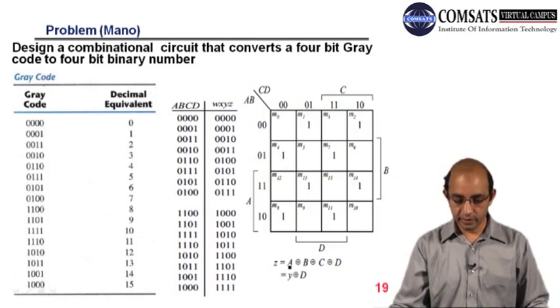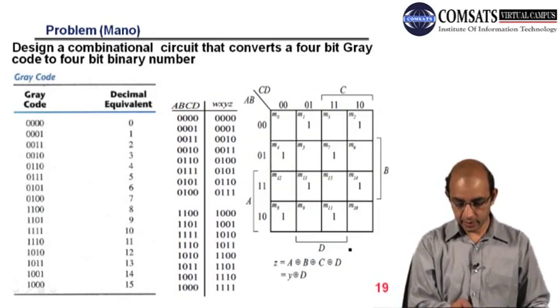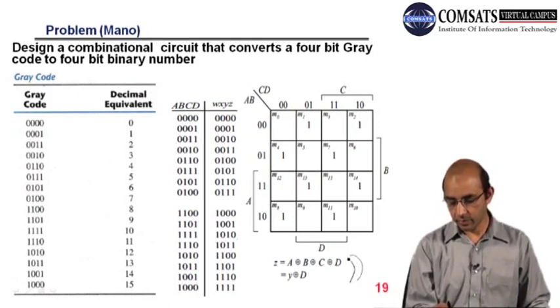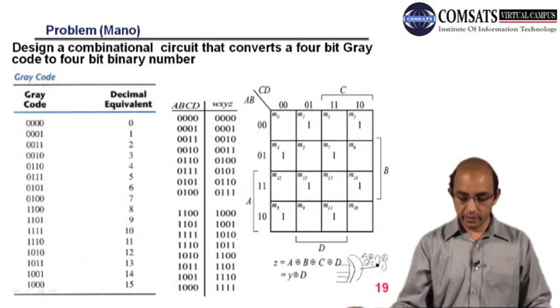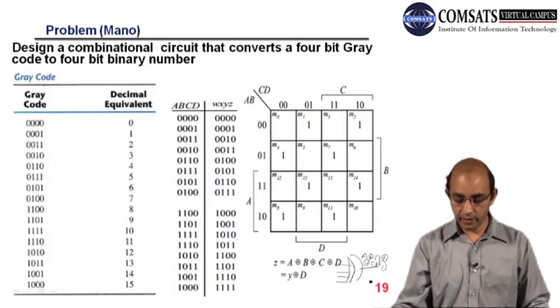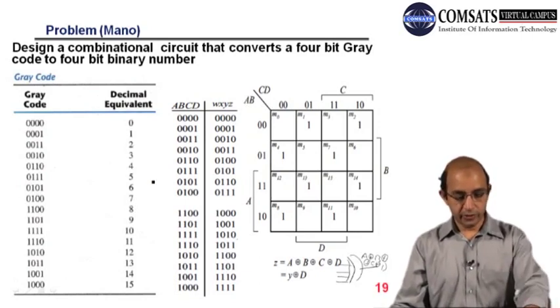After the simplification we are left with A XORed with B XORed with C XORed with D. So you can map this as A, B, C, D, so A XOR B, so we are left with a single XOR gate with 4 inputs. Okay, so this is the solution to the problem.